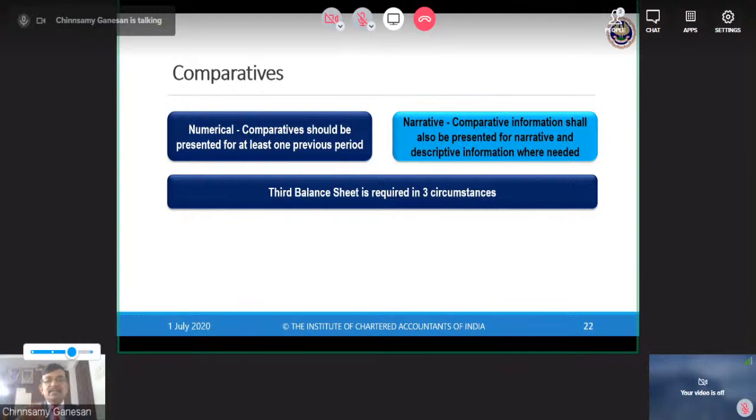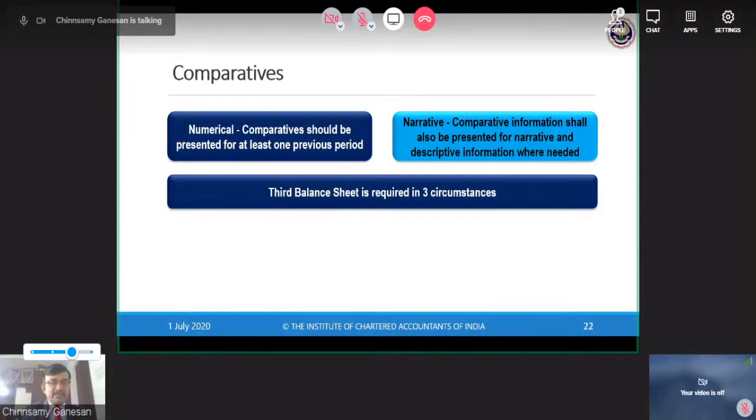We call that a third balance sheet, because the current year number is the first balance sheet, the comparative is the second balance sheet, and you are giving a balance sheet as on the opening date of the comparative period. In our example, it is 1/4/2018. When you give the third balance sheet, when it is mandatory, because the standard says it is mandatory only in 3 circumstances.